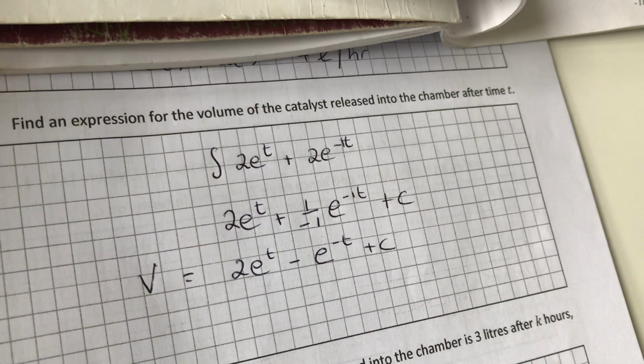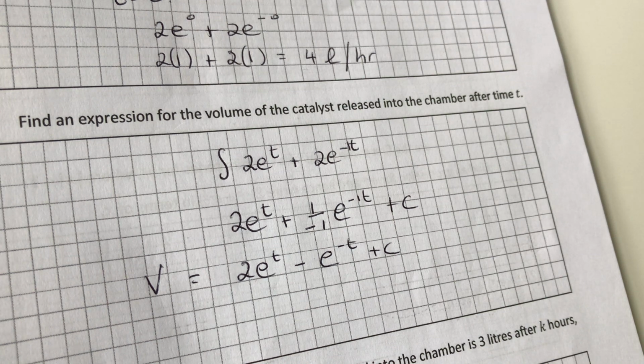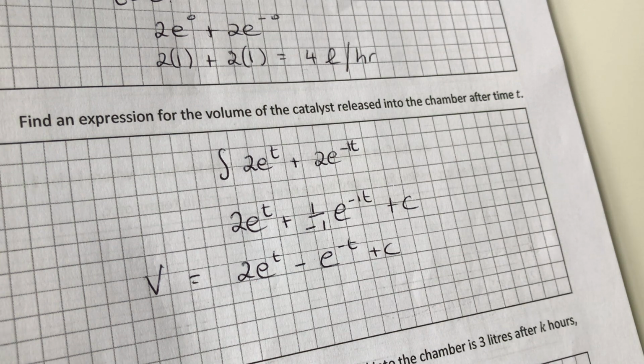So what do I know? Chemical process, the volume of the catalyst released. So when time is 0, and this is often what we can figure out, when time is 0, the volume is 0.